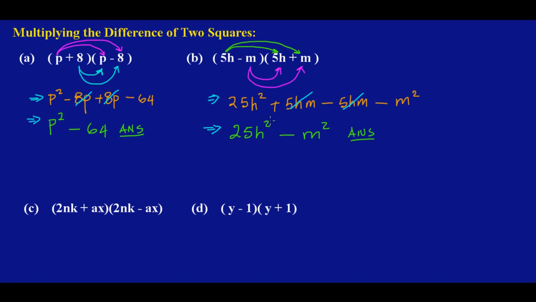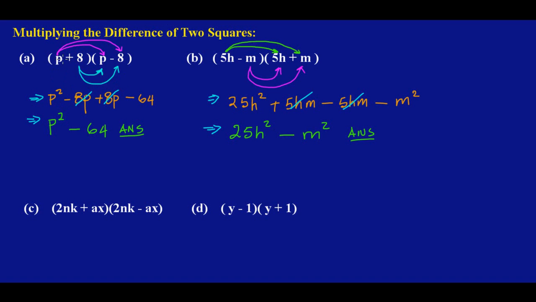And just for a note, if you notice that there is a trend when multiplying the difference of two squares, right? This is the correct way in which you should always practice, but I'd like to show you some little neat tricks with this.